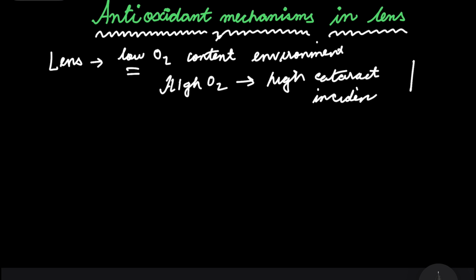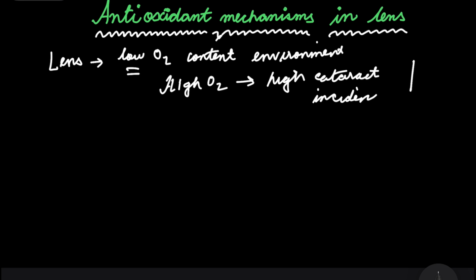We'll talk about cataract in a very detailed way, but for now just know that cataract is the opacification of the lens or its capsule. If there is opacification of the lens or its capsule, then we call that cataract. And obviously you would all have heard about cataract, right? Cataract is so common.